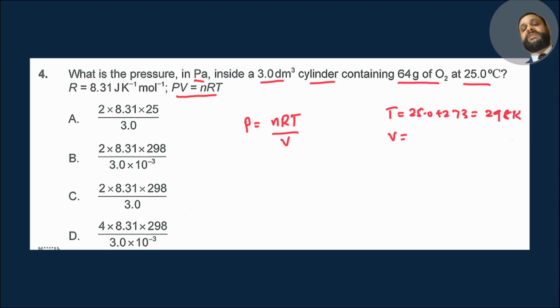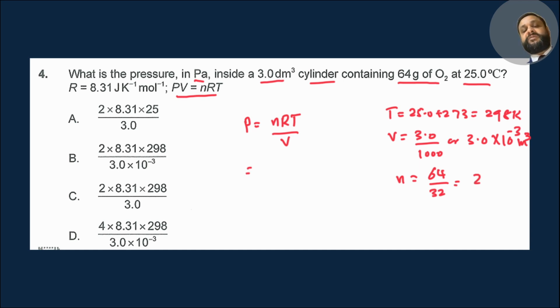Volume has to be in meter cube. So 3.0 divided by 1000, or we can say 3.0 times 10 to the power minus 3 meter cube. Okay, let's find out the moles. n is equal to mass over molar mass. Mass is 64, molar mass of oxygen is 32, which gives us 2.